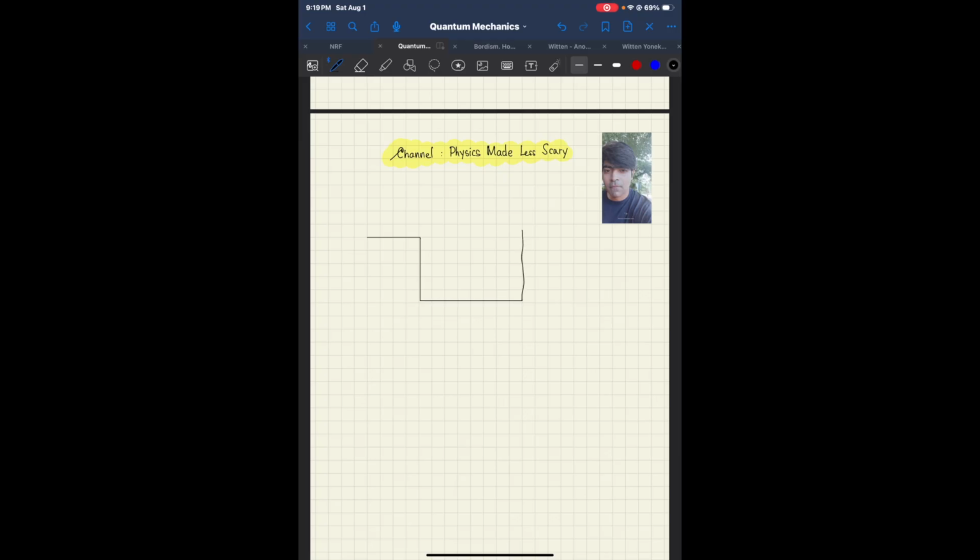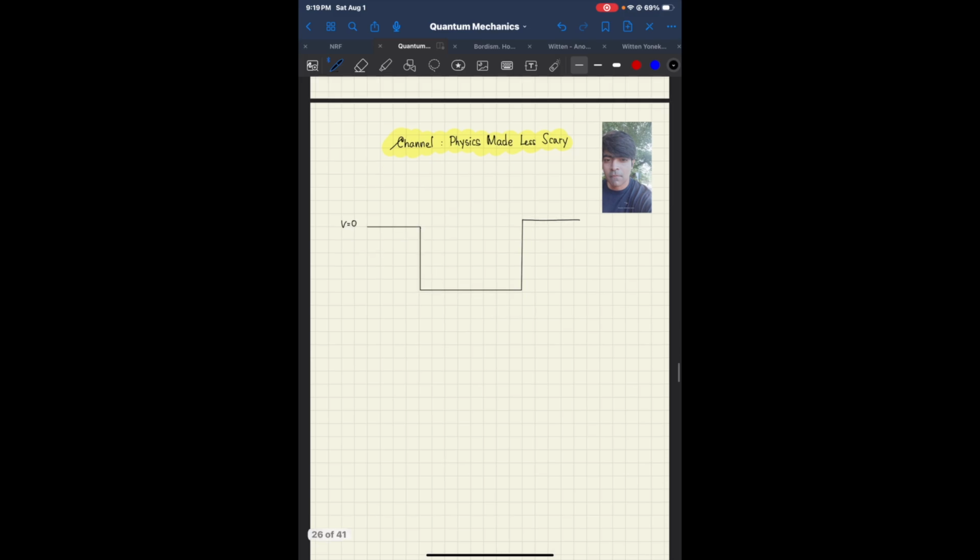Then you had an intermediate region where there was a potential V non-zero. Imagine this is V0. This is V equal to minus something. And then after a while, after a localized interaction, so this is what I mean by localized, that this is finite.